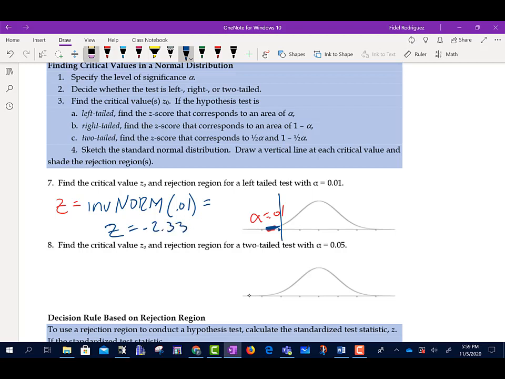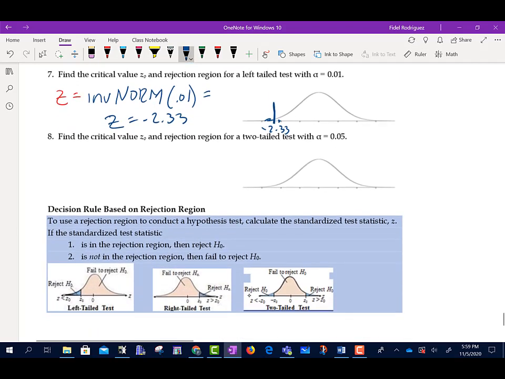Let me get my eraser going. Here we go. So negative 2.33 right here.